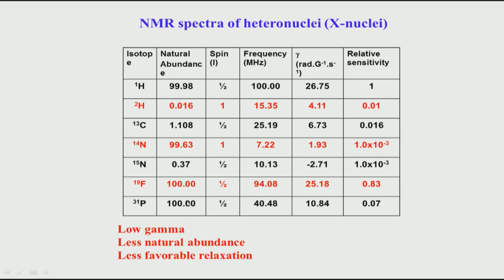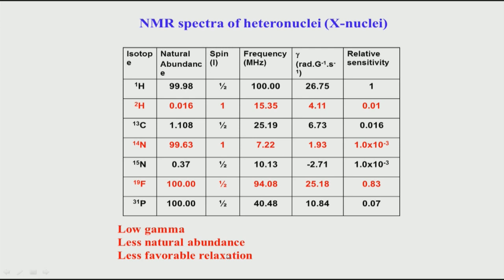In fact, for fluorine and phosphorus, abundance is 100%, but still we do not use them very often because of this additional problem of CSA induced relaxation even in the liquid state, and that scales, we say, with magnetic field. So, as you go to higher magnetic field, it becomes even less favorable compared to low magnetic field. For example, for phosphorus one does not go beyond a 500 megahertz spectrometer because the CSA induced relaxation is very high, and similar is the case with fluorine and nitrogen 15.